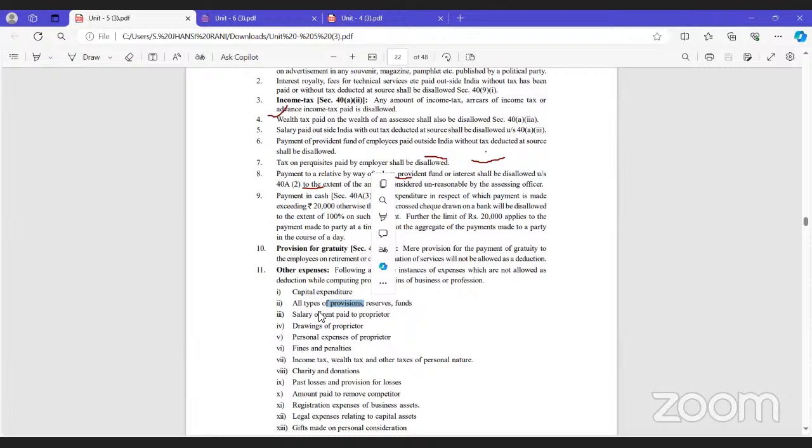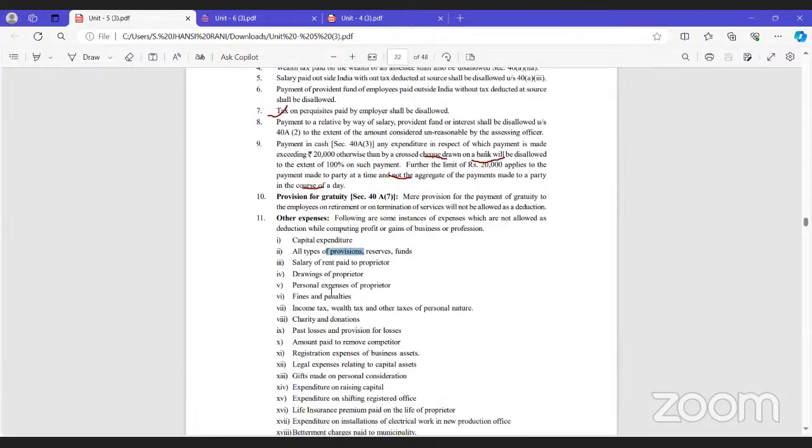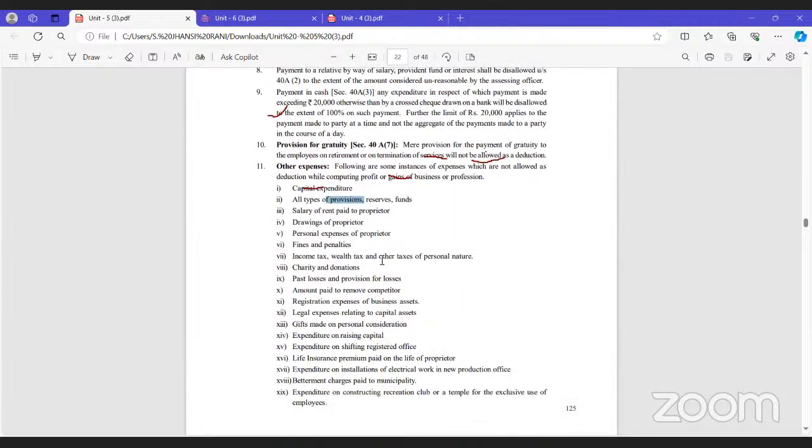Like salary, this is not rent, this is salary of the proprietor. Next, drawings of the proprietor, personal expenses of the proprietor, fines and penalties, income tax, wealth tax or any other taxes of a personal nature, charities and donations, losses and provisions, amount paid to remove a competitor, registration expense of business assets, legal expenses relating to capital assets. This you have to remember.